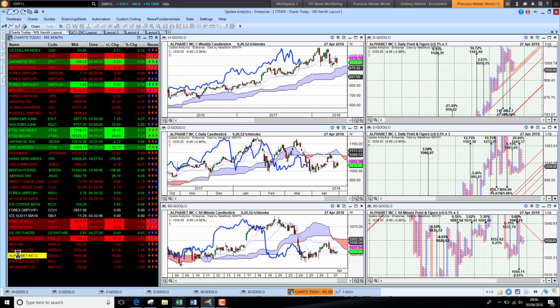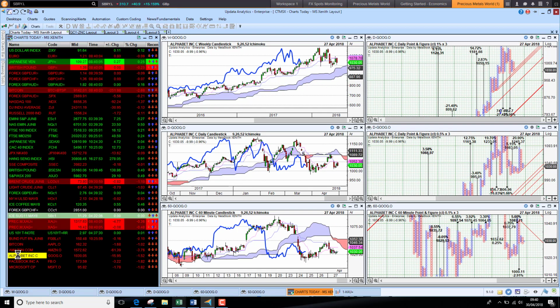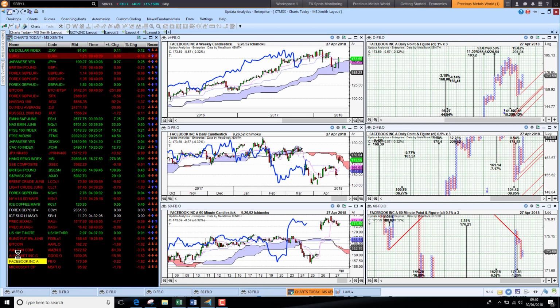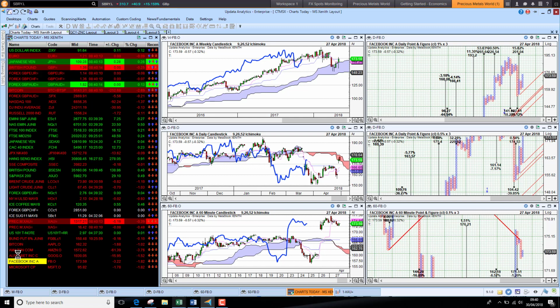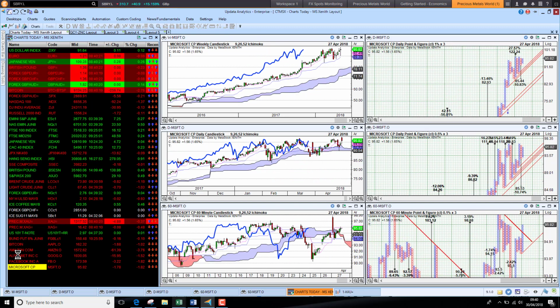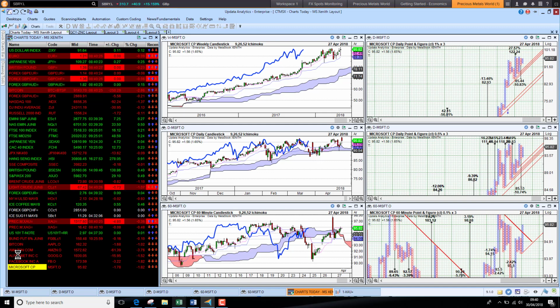Taking a look at Alphabet, really struggling as well. So Alphabet and Apple in the camp of not rising very much. Facebook also just struggling to move on Friday, but Microsoft was actually looking quite strong. But overall, tech had quite a good week in the US last week, and it'll be interesting to see if we can continue that this week.